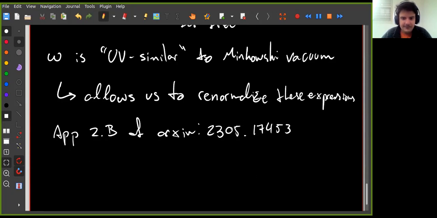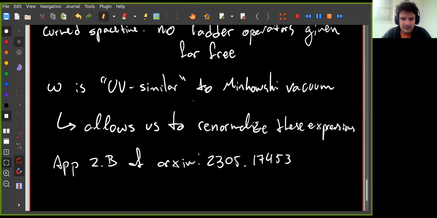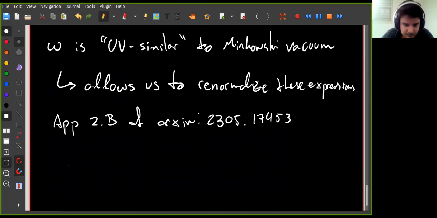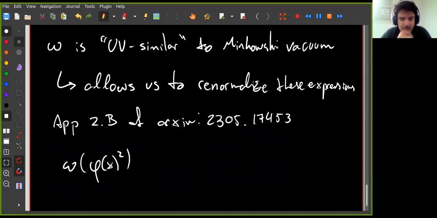But our focus is not every state has this UV behavior similar to Minkowski vacuum. Some of them might be quite wild in the UV, and hence it is impossible to renormalize an expectation value of something of this in these states. So if you ask me what is omega of phi x squared, I might be able to answer you in a state that's similar to Minkowski space, to a Minkowski vacuum.